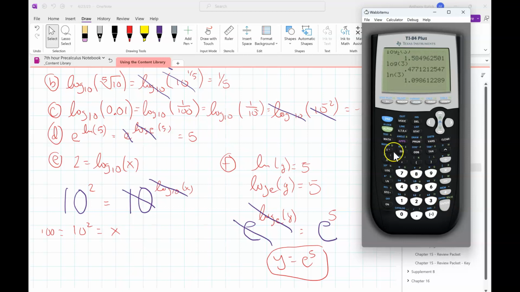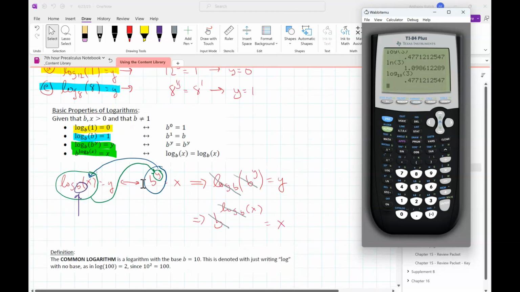Notice that if I did log base 10 of 3, I should get that same 4.77 that I got when I did just log of 3, and I do, right? So the buttons on the calculator main screen are just time savers, right? You could type in log base 10 of 3, or you could just type log of 3. Either is okay. Cool beans.